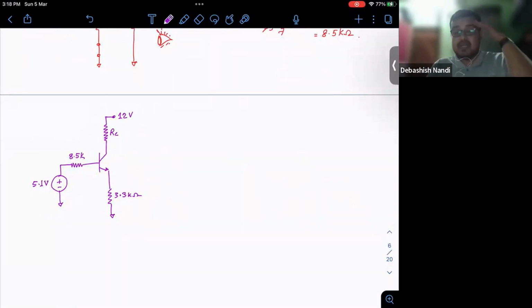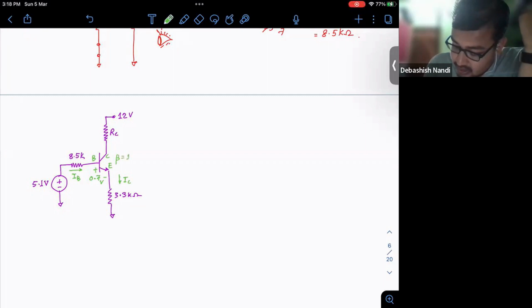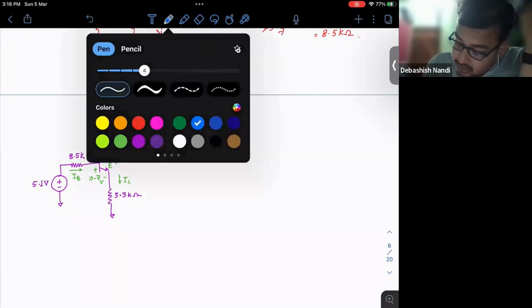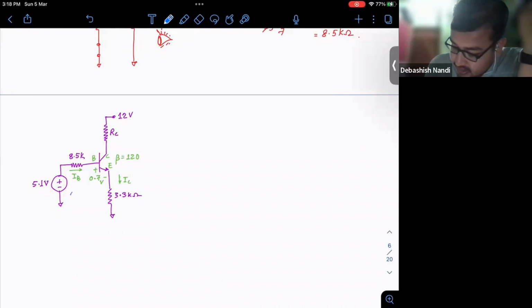This I think you have done in your last week, right? This is a fixed bias circuit, right? And you know how to analyze this circuit in active mode. The way to analyze this circuit in active mode is you consider this voltage drop across. This is base, this is collector, this is emitter, this is to be forward biased, so we assume it to be 0.7 volts, right? This current is your IB, this current is your IC, okay, and your beta is given to be 120.